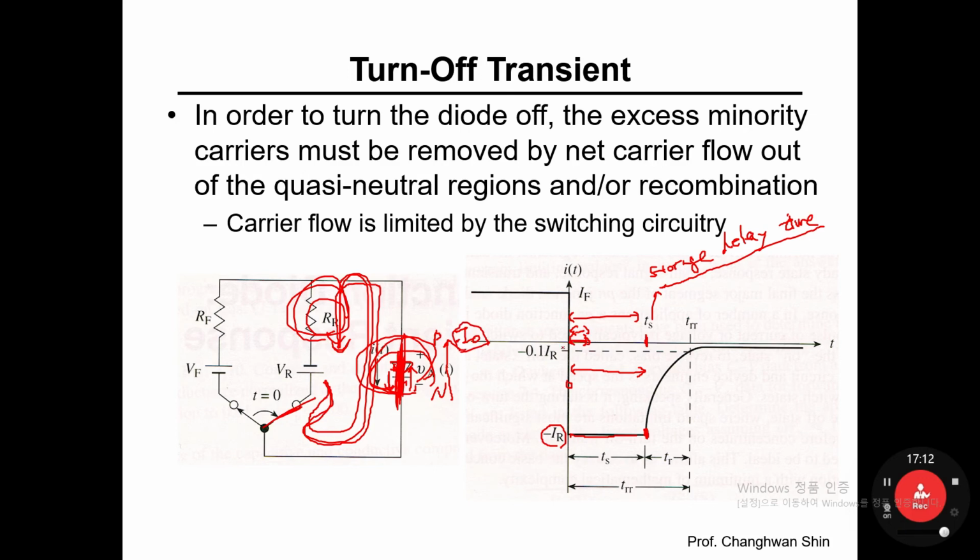Minus I_R is maybe here. That should be a very small amount of current. So in the end, the current flowing in this loop should be limited to minus I_0, the saturation current throughout the PN junction diode.